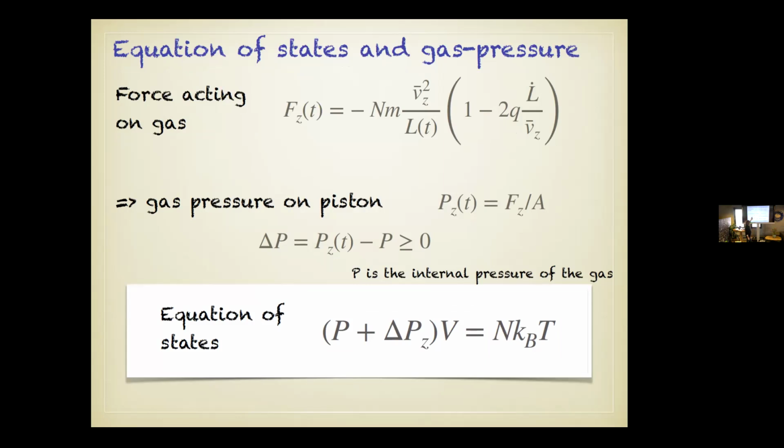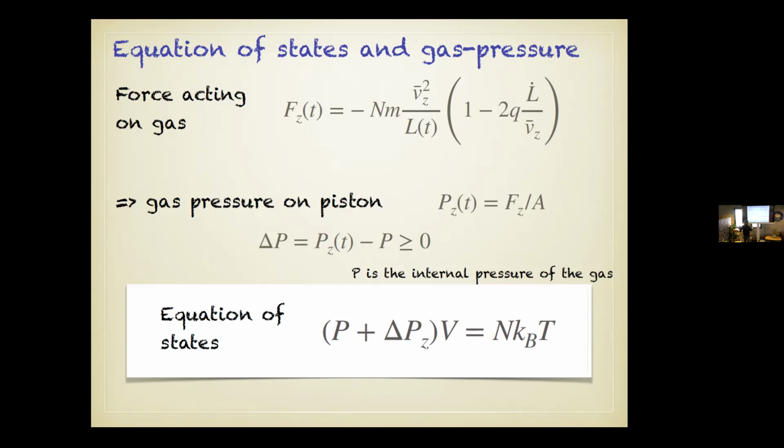The force acting on the gas is given by this first expression, and this Q is simply a number. This is the square root of 2 divided by pi, I think. This term is actually responsible for the irreversibility in our system.